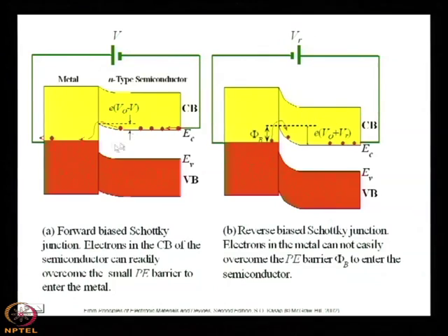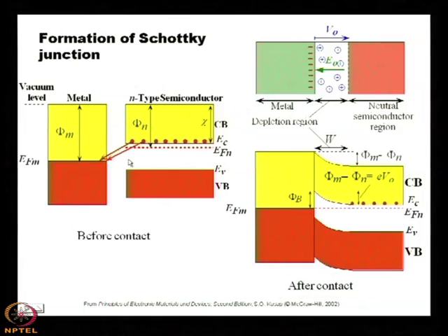At thermal equilibrium, the current due to the electrons from the semiconductor side to the metal side, or from the metal side to the semiconductor side by this phi b, those are equal and opposite. So, at thermal equilibrium there will be no current passing through the junction.